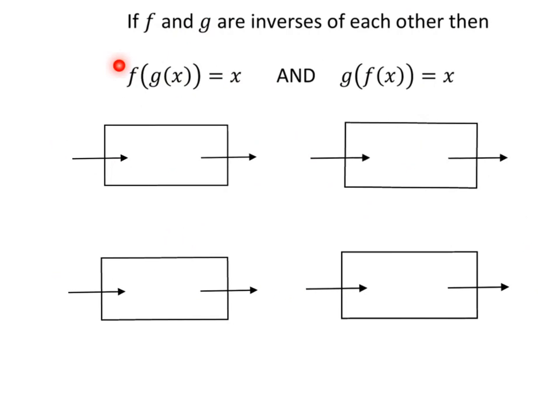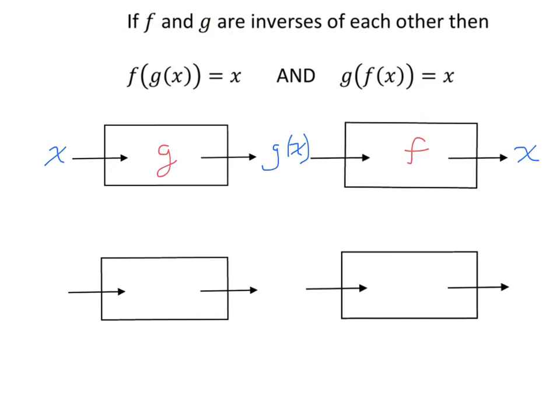You're going to show that f of g of x is equal to x, and g of f of x is equal to x. For this one, we're starting with g and then plugging something into f. You need to show that if you plug x into g, and you get whatever output, let's call that g of x, and you plug that into f, you should end up with what you started with, x.